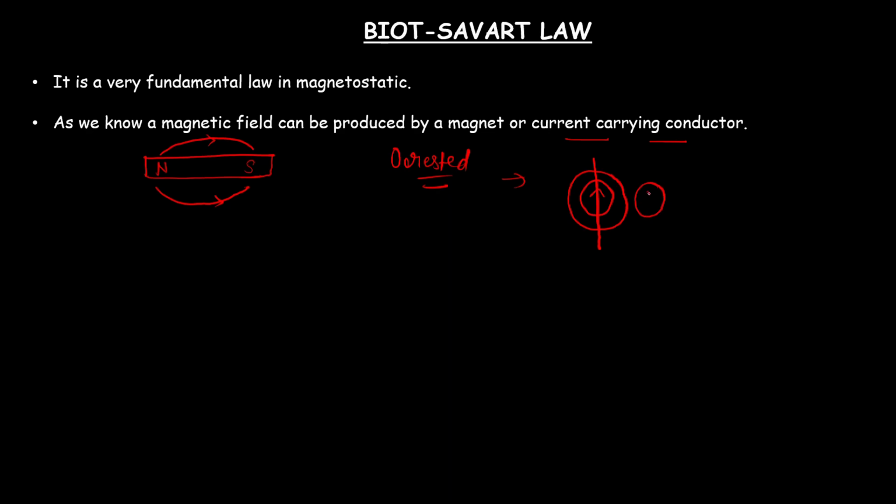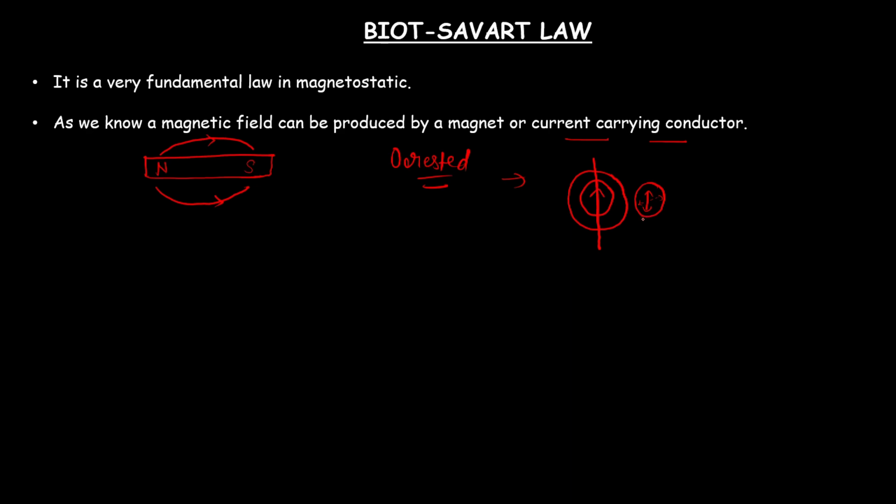As we know, a magnetic compass has a magnetic needle, and whenever this magnetic compass is placed in any external magnetic field, its needle shows deflection. So when we put this magnetic compass near the current carrying conductor, it shows the deflection. What does it mean?